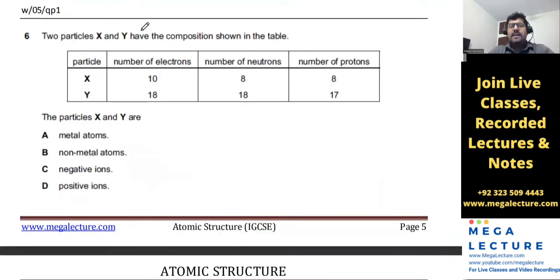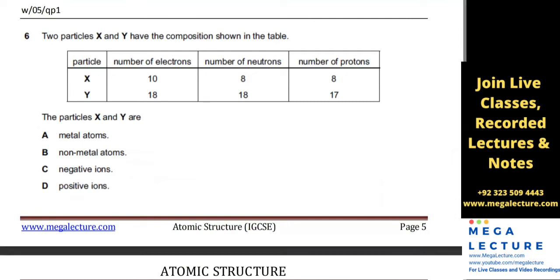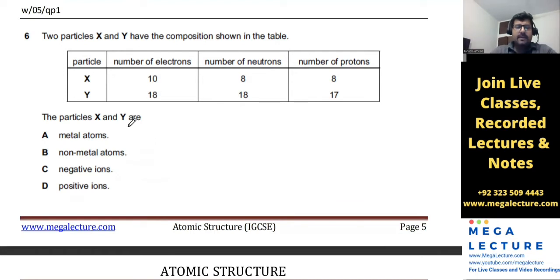Two particles X and Y have the composition shown in the table. Are they metal atoms? As a first thing, how is an element identified? Which number for an element is always the same?